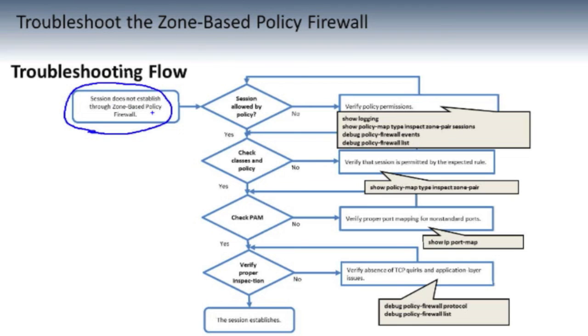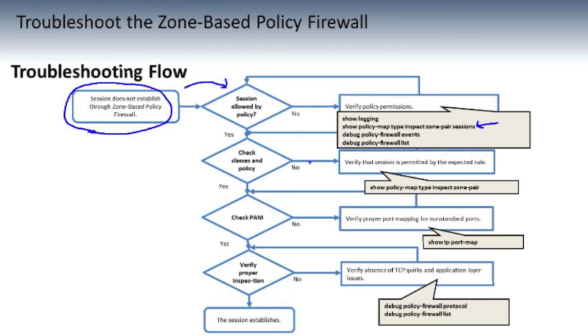Well, is your session allowed by a particular policy? I mean, that would be the first thing that you would want to check, right? We can use show policy-map type inspect zone-pair or zone-pair sessions in order to discover this. Are we even allowing that particular session through as part of policy?